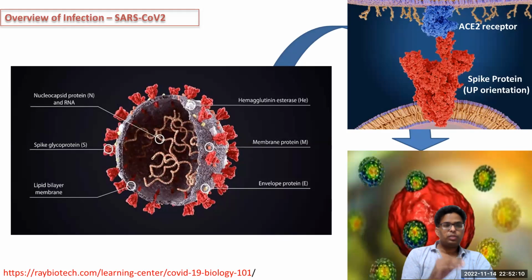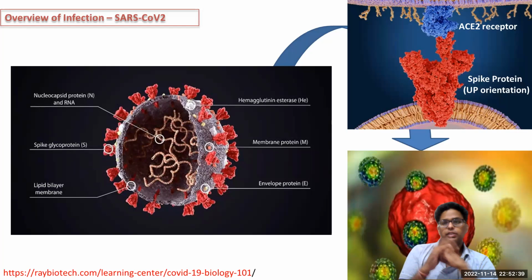But the surface proteins are the surface-exposed spike protein and membrane protein, found on the surface. If you prepare an antibody, it can interact with that surface. That's why most scientists work on the surface-exposed proteins, called structural proteins, mainly the spike protein.